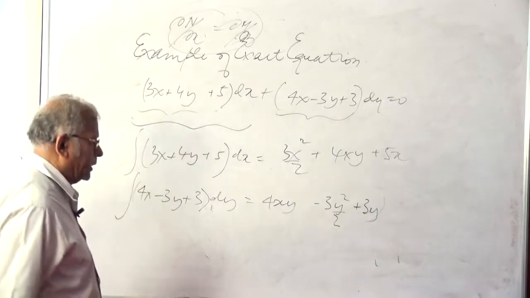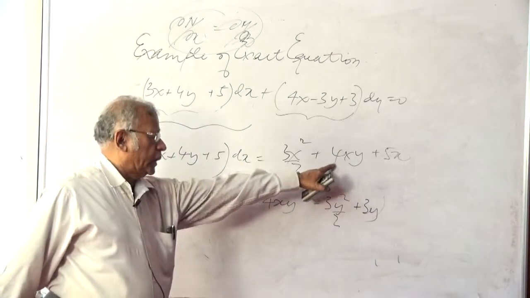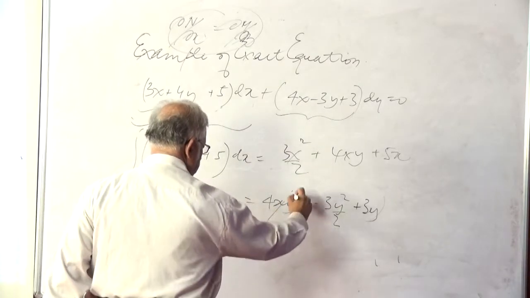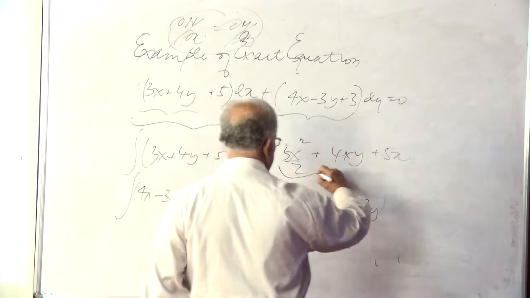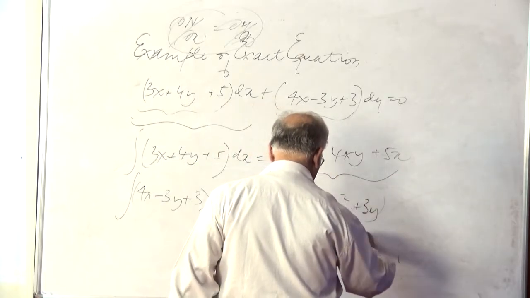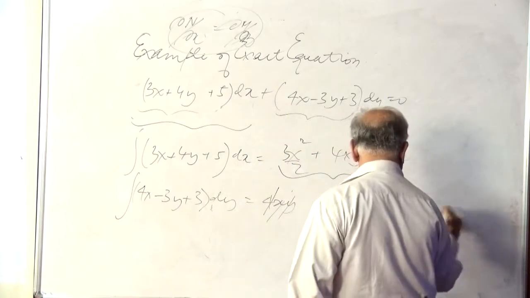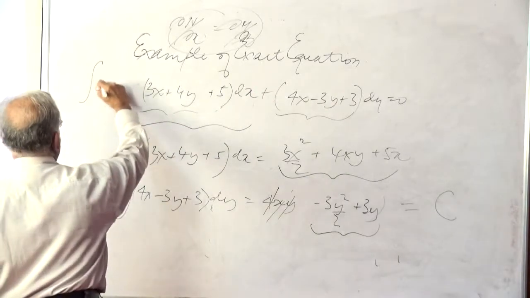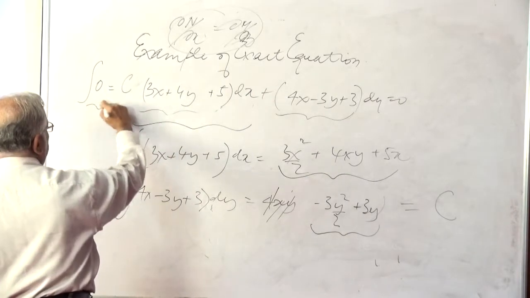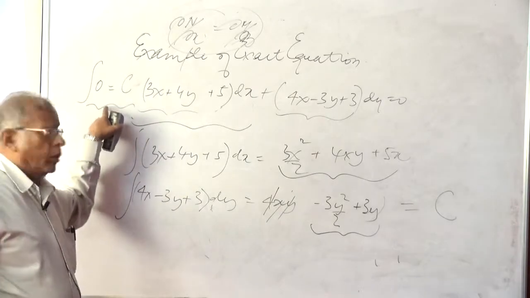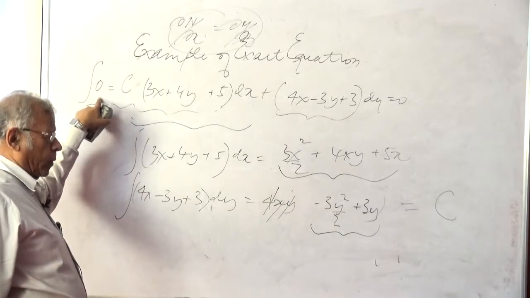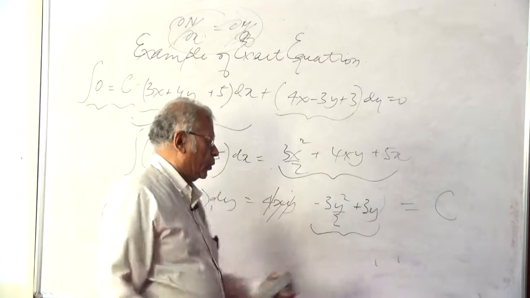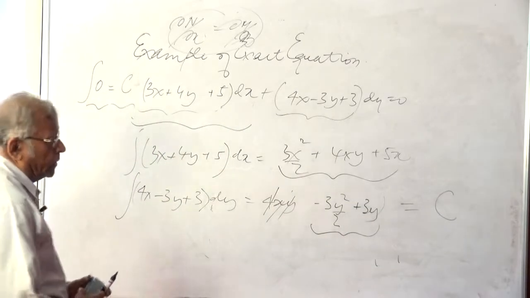But we must see that this fellow has already come earlier. So the 4xy term has to be ignored from here. So the solution will become this part added to this part is equal to constant. Because when we integrate 0, that was the term on the right, that is nothing but constant, irrespective of what we integrate with respect to. So this plus this term is equal to C is the solution, which is simple to write.